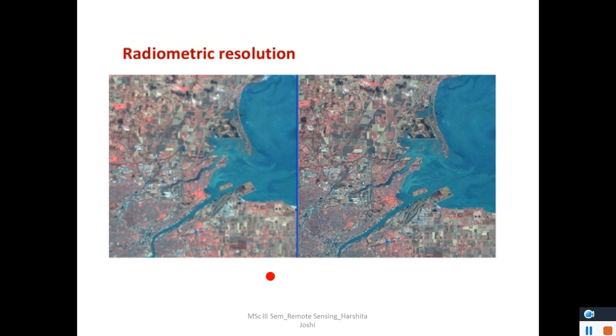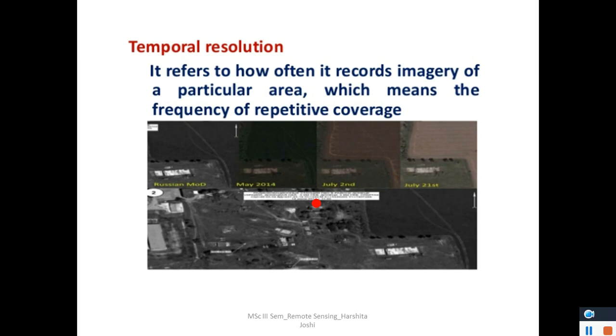So it is seen here. See, here you can see a blurred image, but here it is completely clearer. So you can differentiate between basic differences here within the energy conditions. Okay, so this is known as the radiometric resolution.